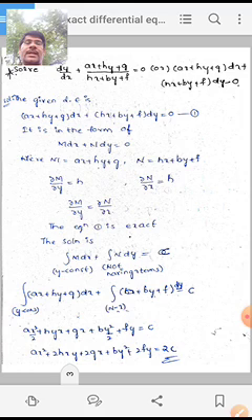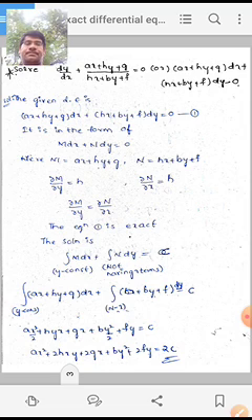Now we have to integrate it. Integration of M dx plus integration of N dy is equal to 0. For the first term y is the constant, and for the second term you have to eliminate the x terms, that is hx we have to remove.